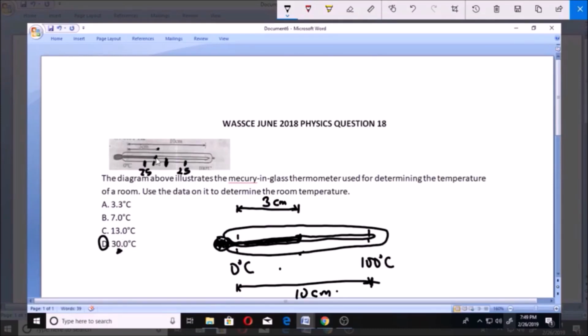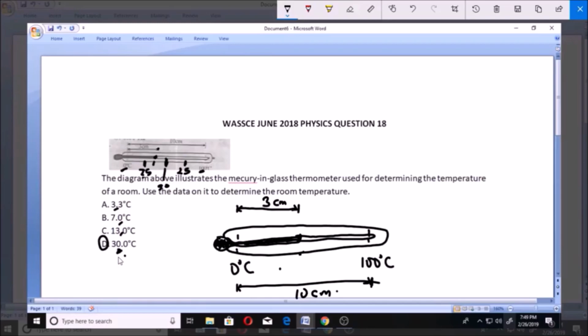If you divide this, because this is 100 and this is 0, divide it into 2, you have 50 here. So half of 50 is 25, and the reading here is just above this 25, so it should be around 30, because it cannot be this too small.